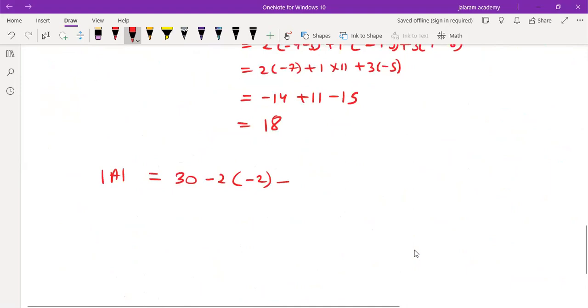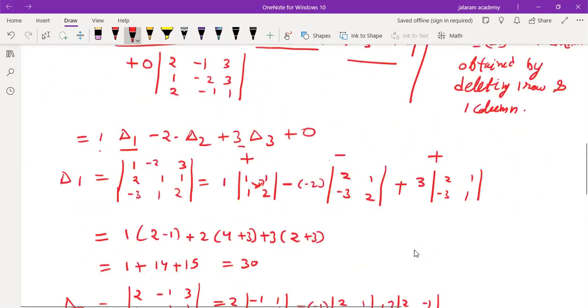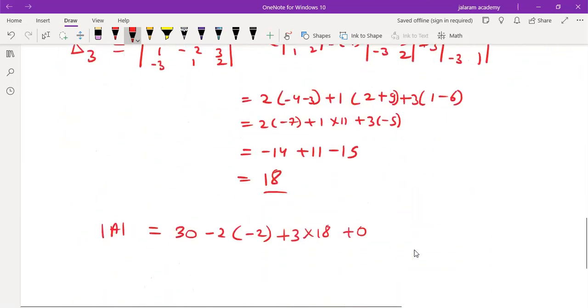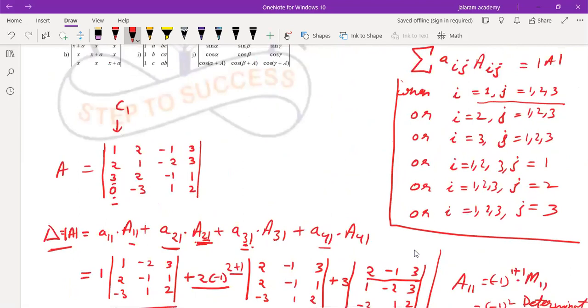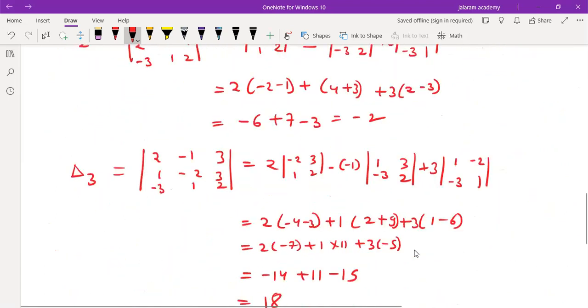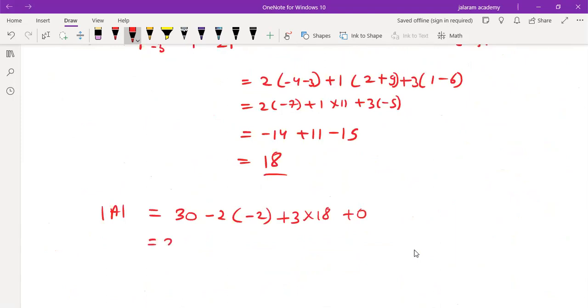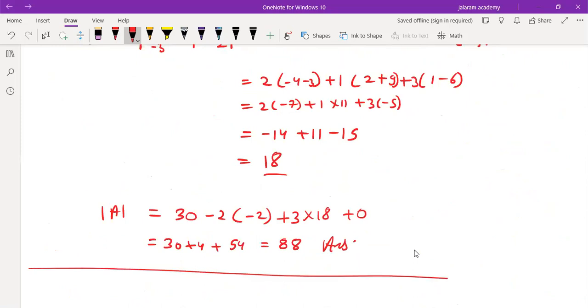So we write plus 3 into, and delta 3 was 18. And next is already 0, 0 into something is 0, as the fourth element is 0 only for this column. This is the reason why I have taken this column, as it has one 0. So we have to expand one determinant less of 3 cross 3. So 30 minus minus plus 4 plus 54, which is equal to 88, is the answer of this question.